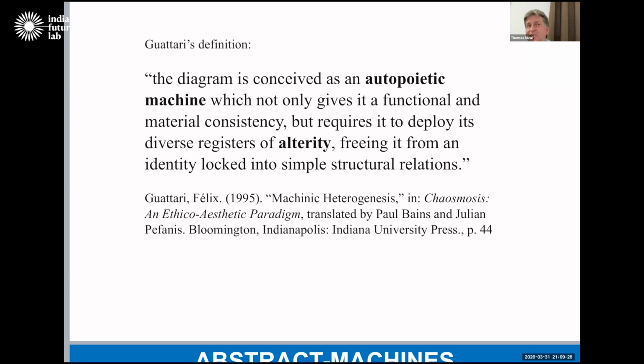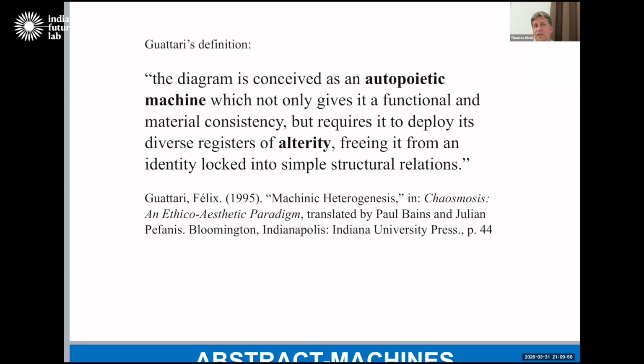They have spontaneous emergence. They have mutation. If you run the same experiment 10 times, you get 10 different results, which the surrealists would love and the positivists absolutely hate. And so any sort of autopoietic machine, which would include your subconscious, is constantly producing newness and difference. And this is why he said diagrams have to deploy diverse registers of alterity.